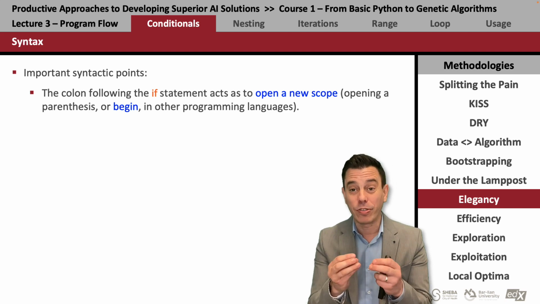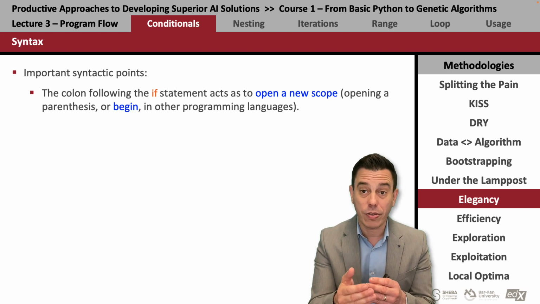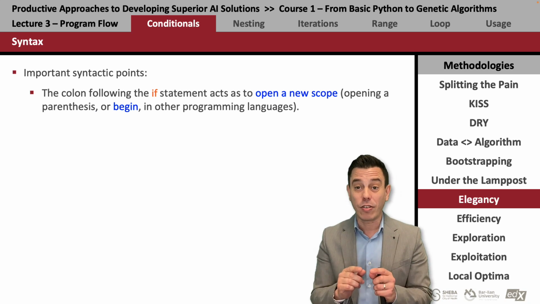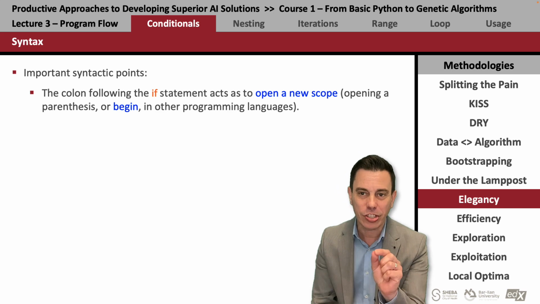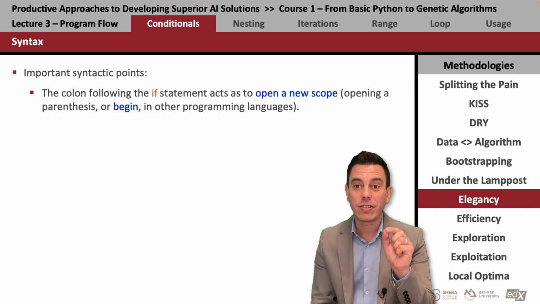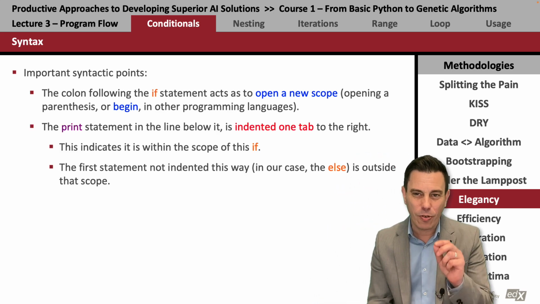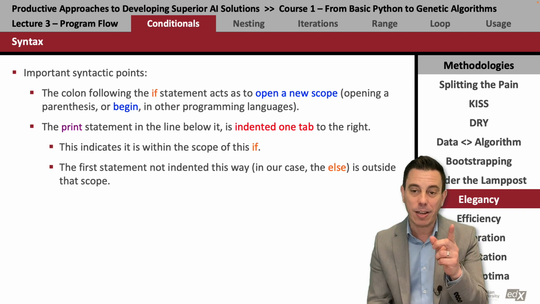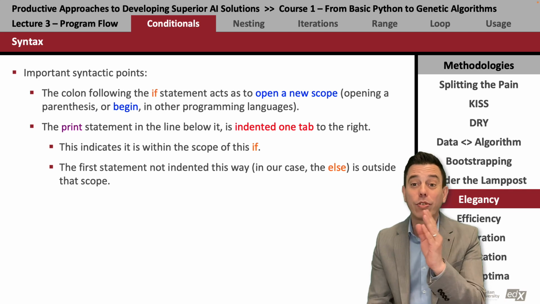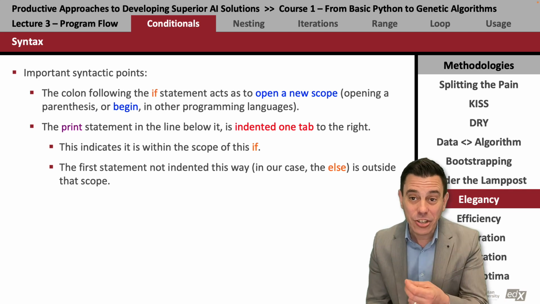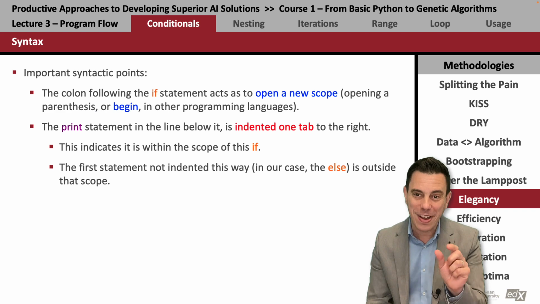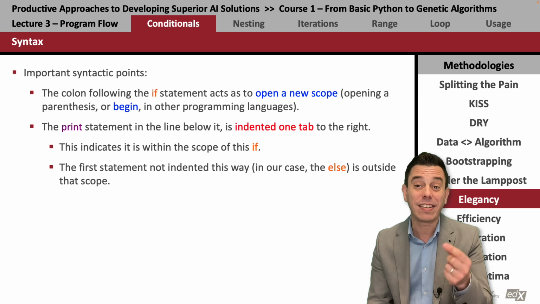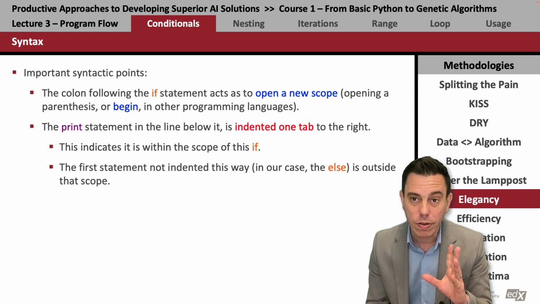This block may contain one or more Python statements, and they will be executed only if the condition in the if command is true. Now, these lines of code that are inside the scope, like the print statement, are indented to the right. This indentation indicates that the print command is inside the if command's scope.